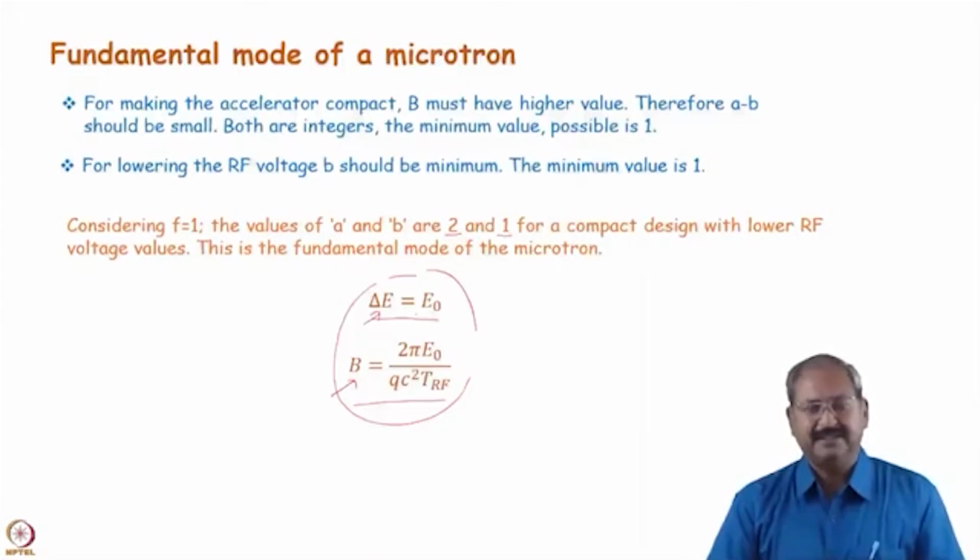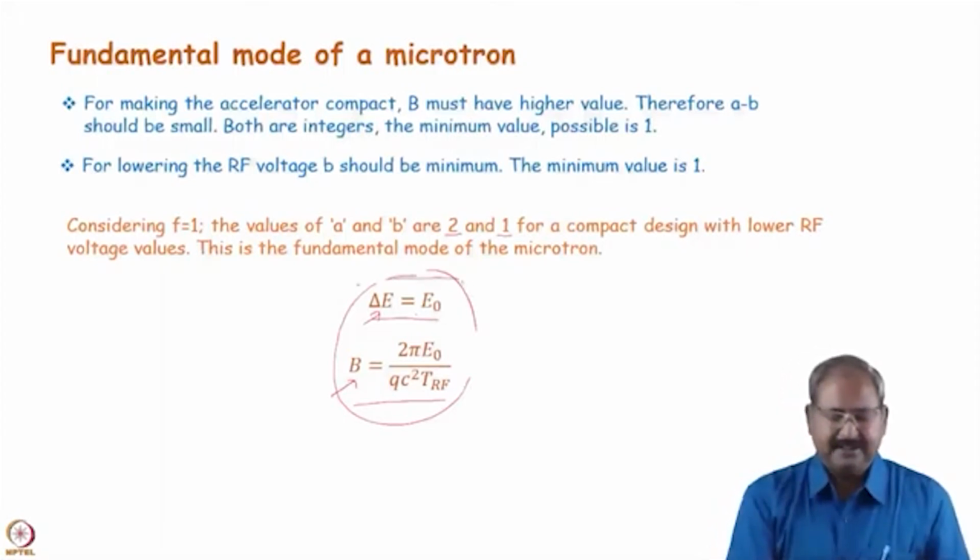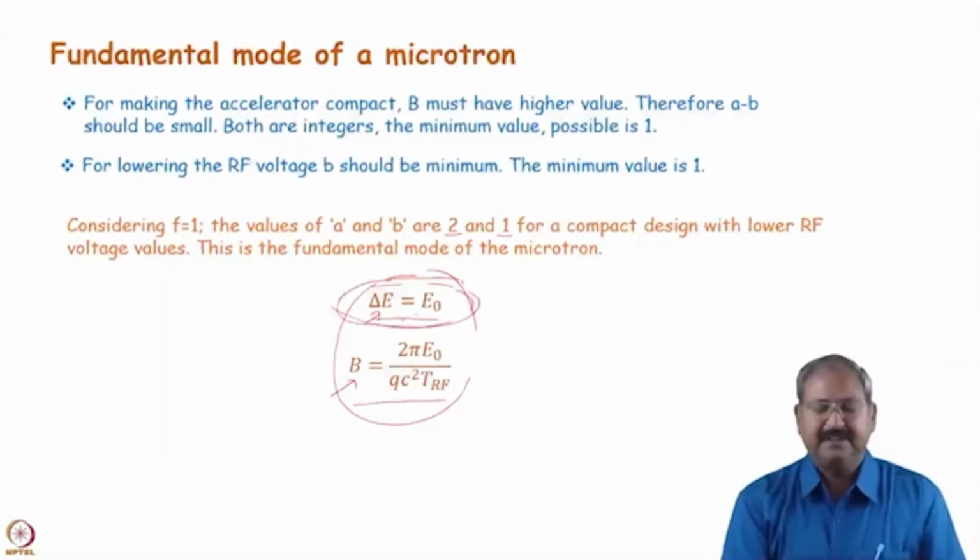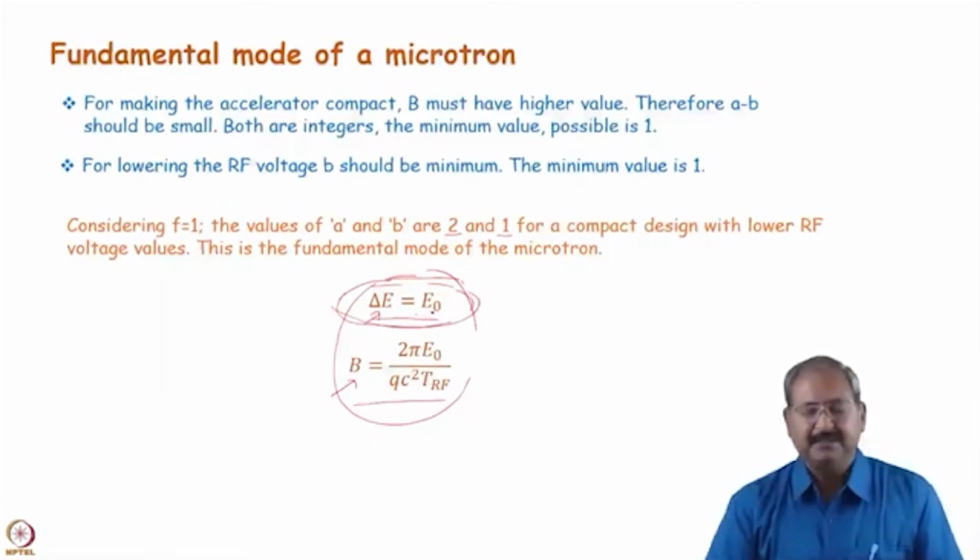We have considered a very general case, whether gamma changes or not, and all things can be composed here, so why can heavy ions or protons not be accelerated? The limitation lies here. You see that delta E is equal to E0, meaning the energy gain per turn should be equal to the rest energy of the particle.